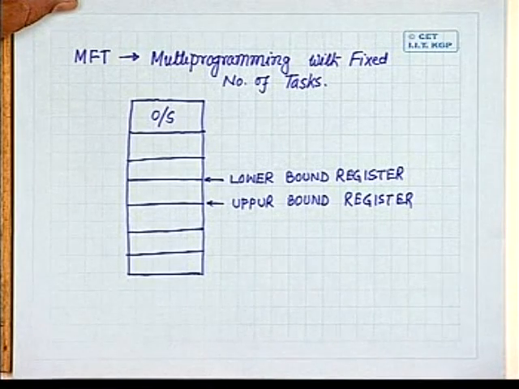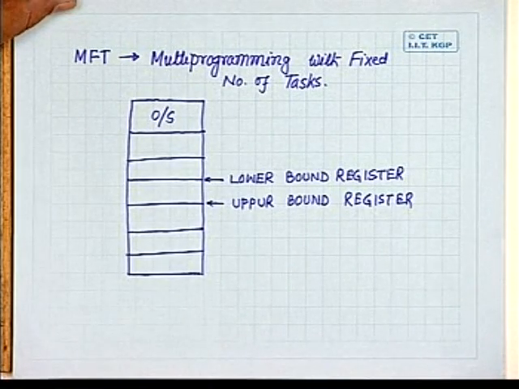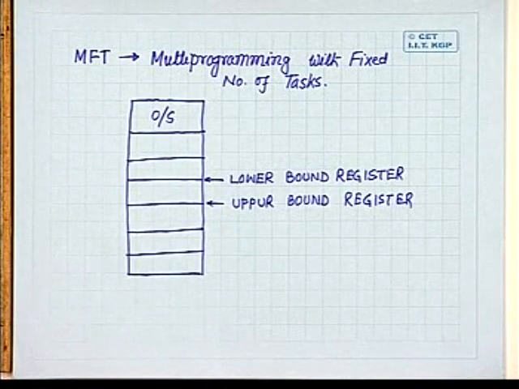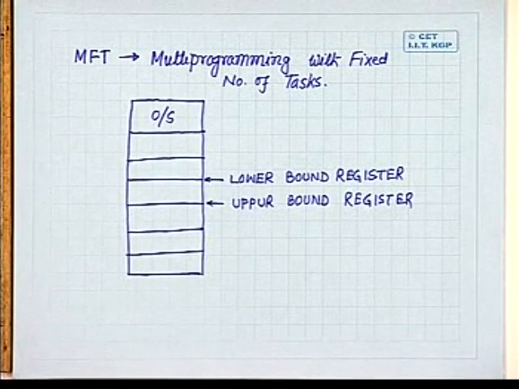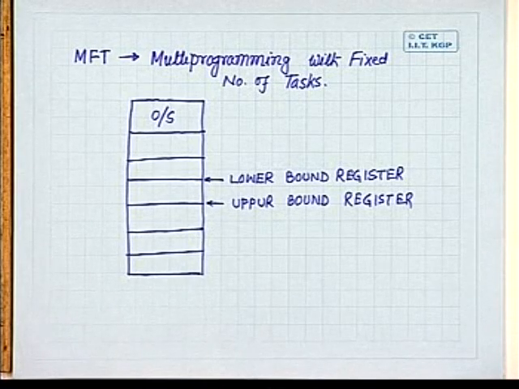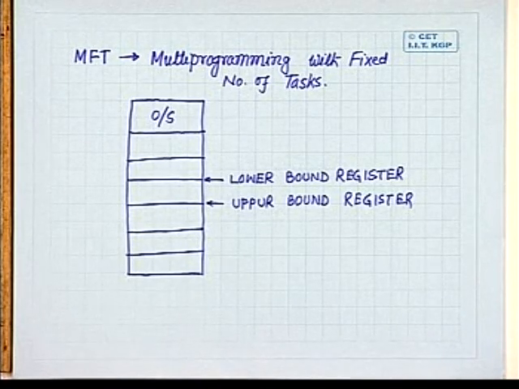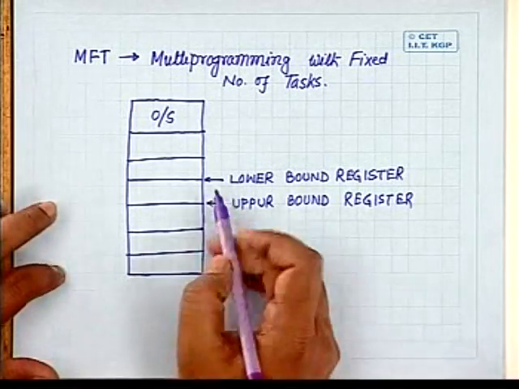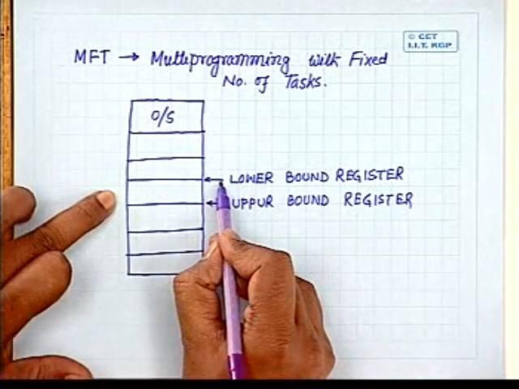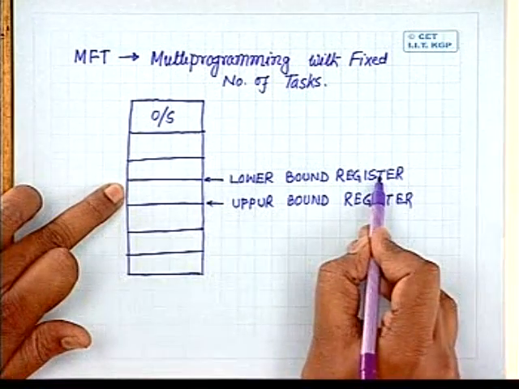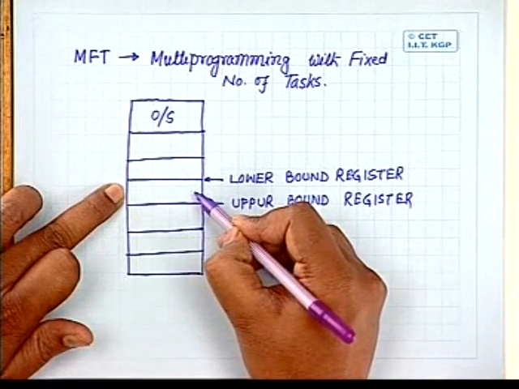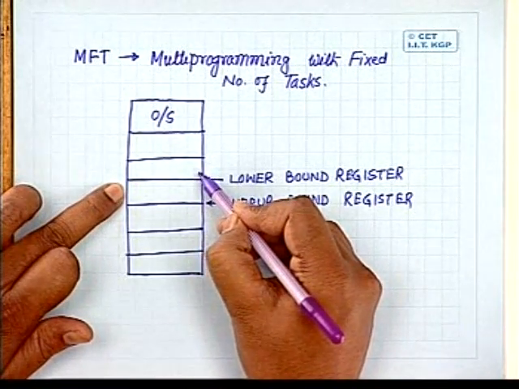And then the scheme for protection will be that whenever an address is generated by the CPU, if the address is less than the lower bound register content, in that case there has to be a trap. Because the address generated by the CPU is less than the content of the lower bound register, that means the process is trying to access some memory location which is not allocated to it.